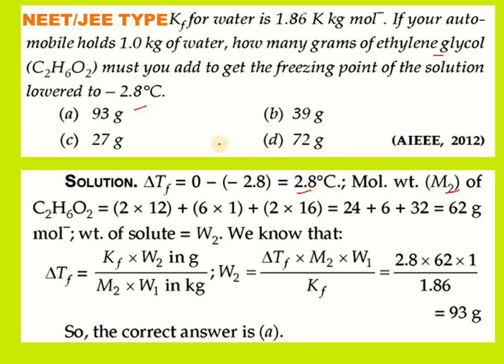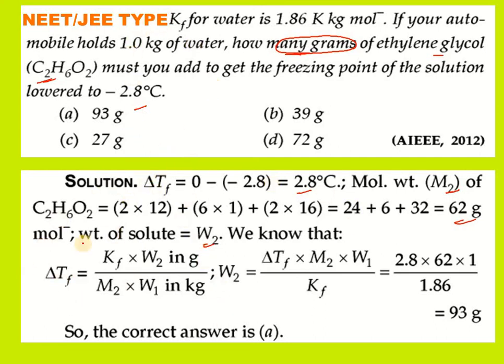Now the molecular weight from the given formula of ethylene glycol, after calculation, we got 62 grams. The weight of ethylene glycol, that is W2, we don't know. Why? Because we are asked how many grams, what is the weight of ethylene glycol, so that we have to find. But the weight of water is given, that is 1 kg.